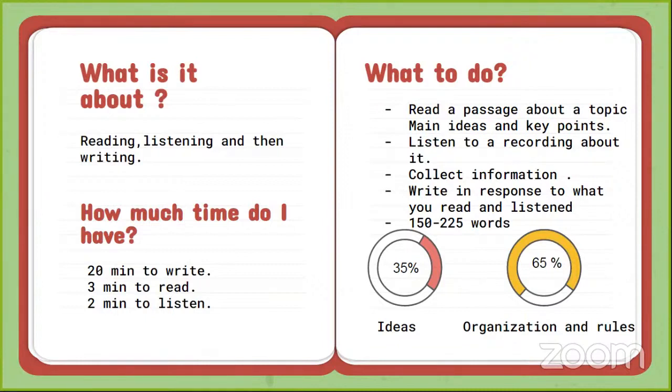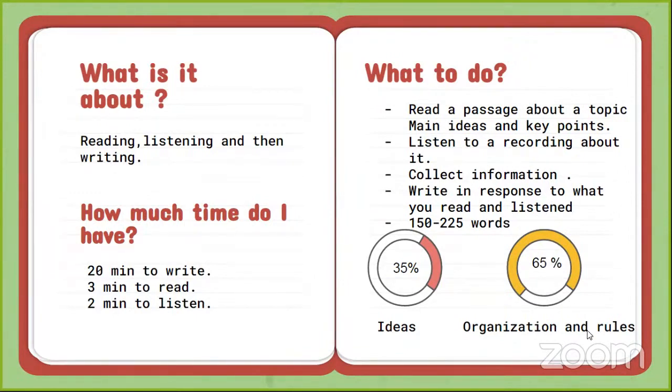The amount of words required for this task goes from 150 to 225 words. No less, no more. So consider this number of words in order to write, please. Now, as I told you in the speaking sessions, when writing, you have to consider 2 things, at least for me. 35% of it belongs to the ideas that you got from the reading and from the listening. 65% belongs to the organization and rules.